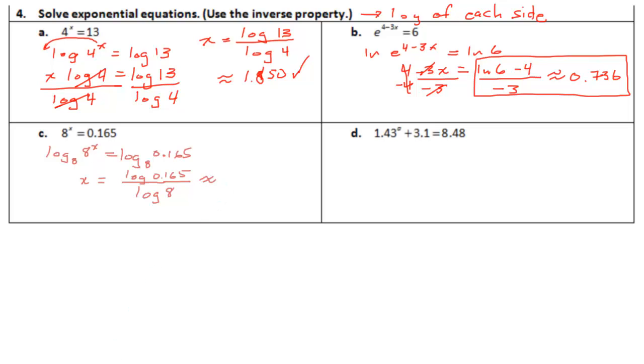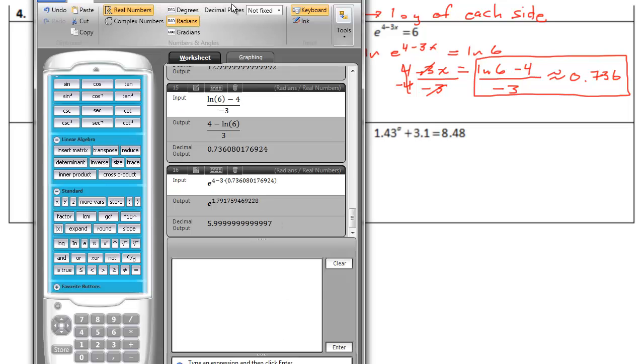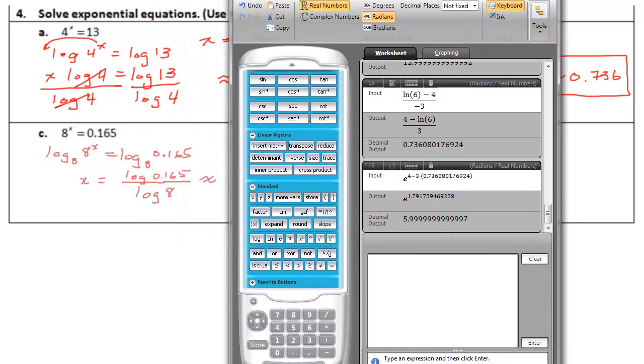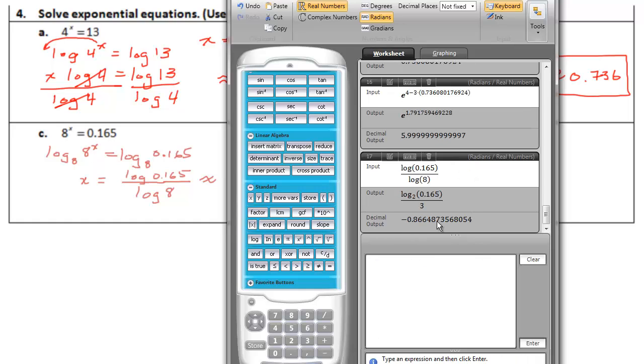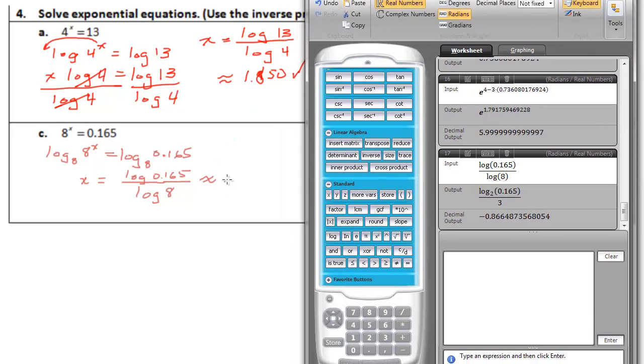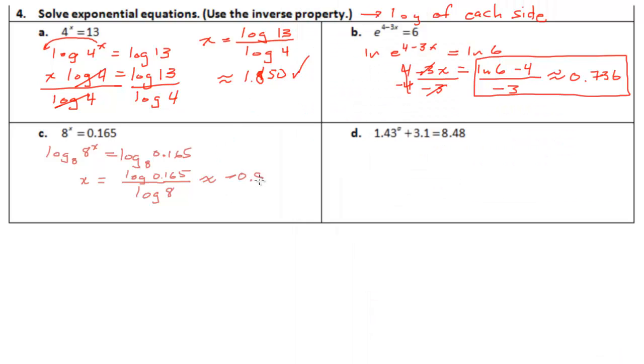Let's do a quick check. So log of 0.165 divided by log of 8 gives us negative 0.866.